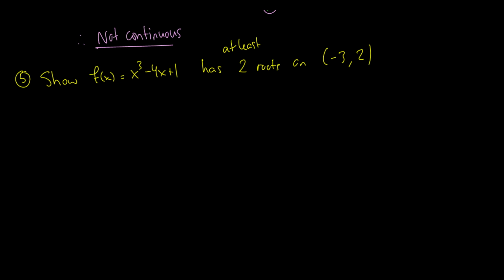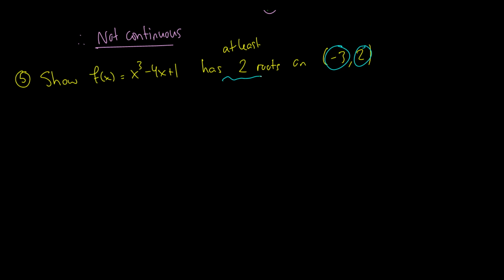Okay, so you might remember this is an intermediate value problem. And what I said before with intermediate value problem is that you check the first value and you check the last value and you see if it crosses 0 at some point. But we're looking for at least 2 roots.